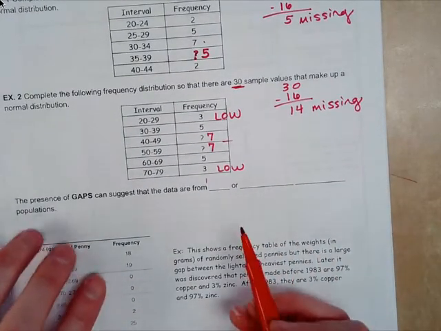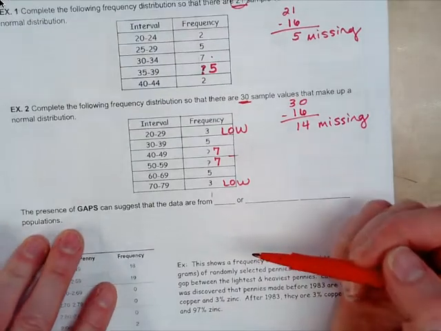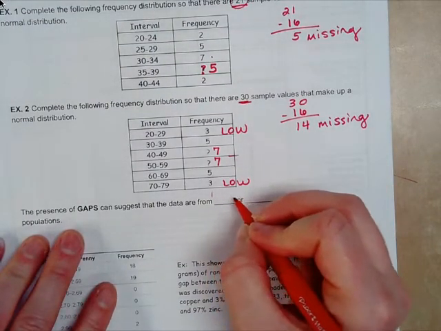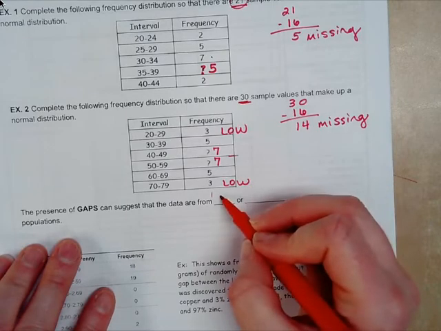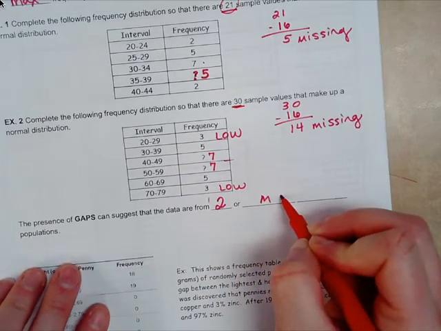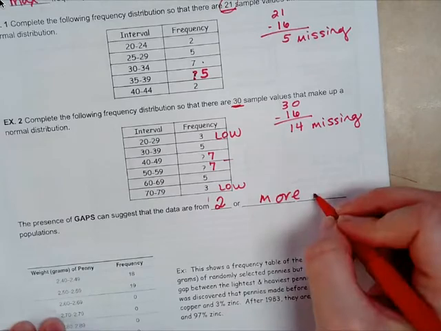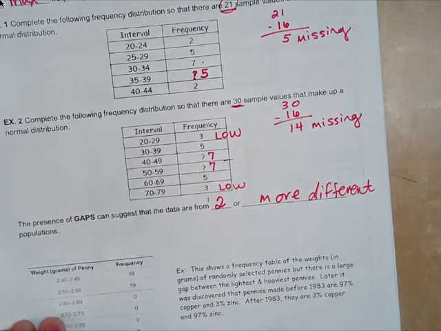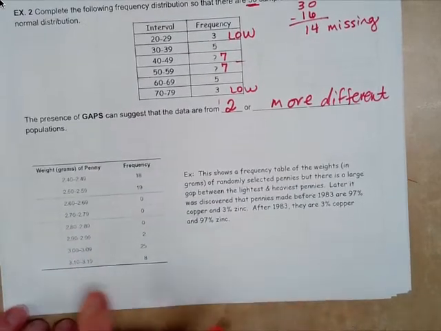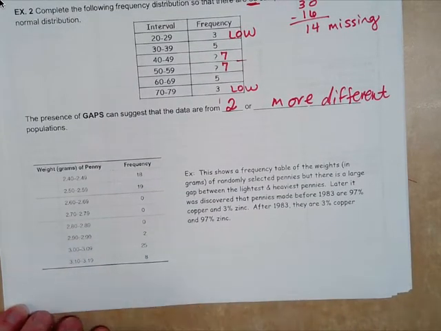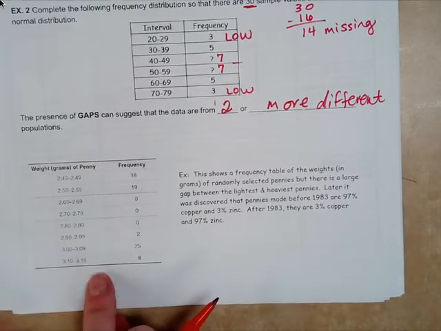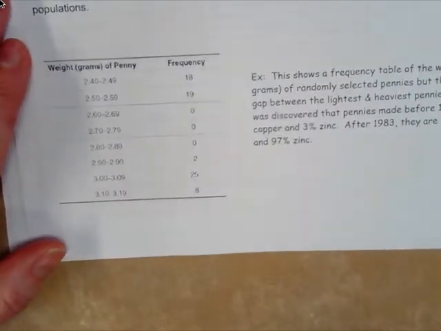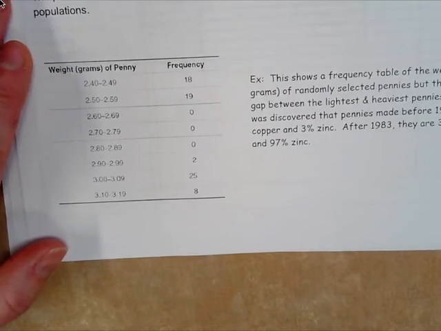The presence of gaps in the data. So these don't have any gaps in the data. Gaps suggest that there are 2 or more different populations. So if we look at this, see how there's gaps in the data? So this is talking about weight in grams of a penny.